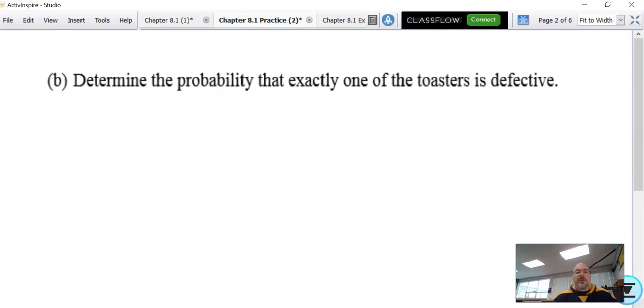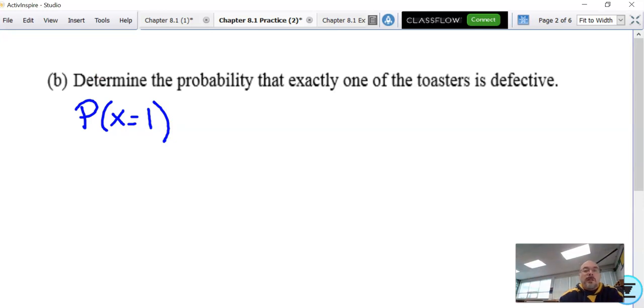Determine the probability that exactly one of the toasters is defective. So the probability that X, the number of toasters that are defective, equals one. You probably should define that somewhere, which I didn't do, but it does say it in the problem already, so I guess you don't have to define it again.